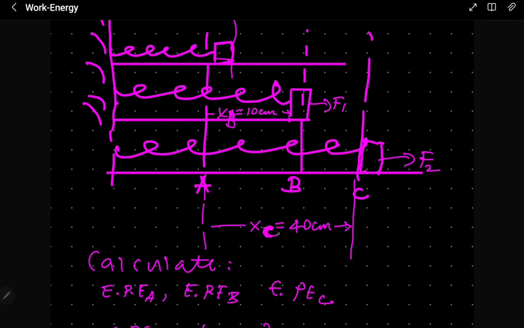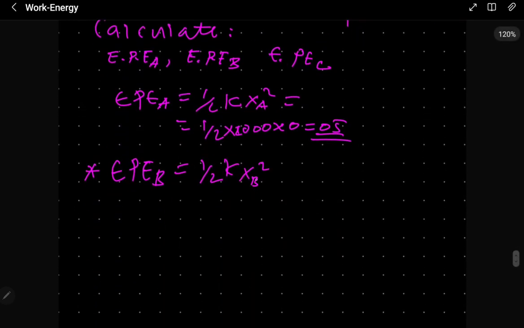Consider this as XC. So the force is applied, and the stiffness is 2000. Now this is equal to 1 over 2 times 2000, the stiffness, times 10 centimeter. 10 centimeter is 10 over 100 meter, and you are supposed to square that.